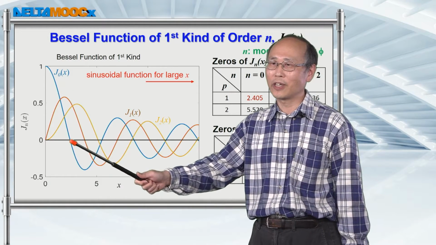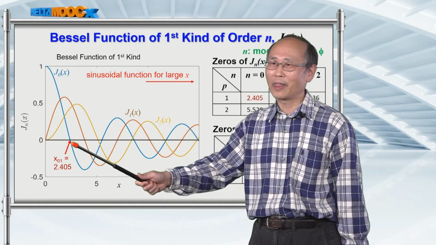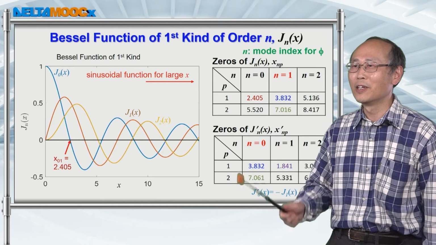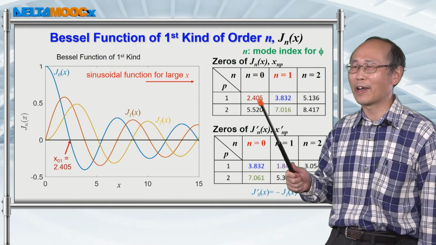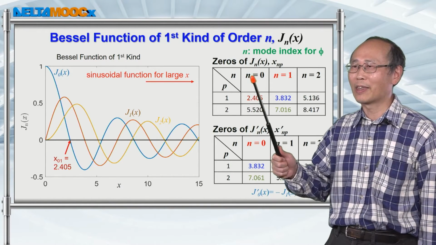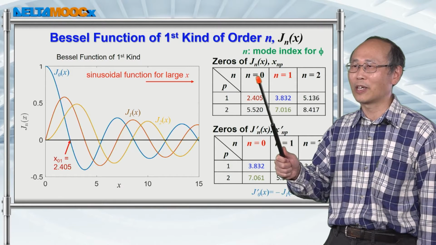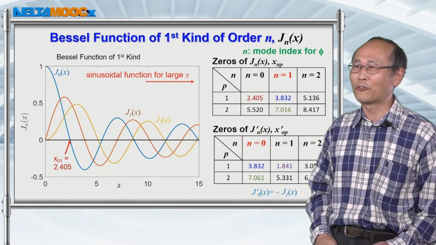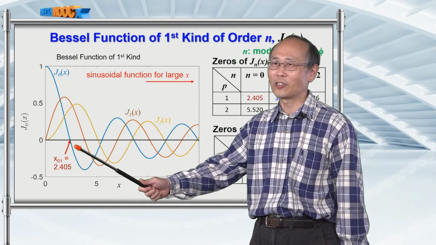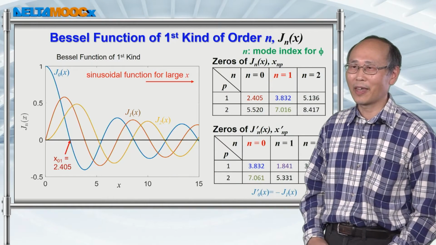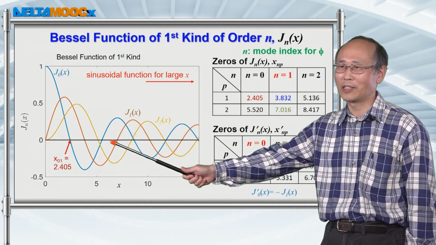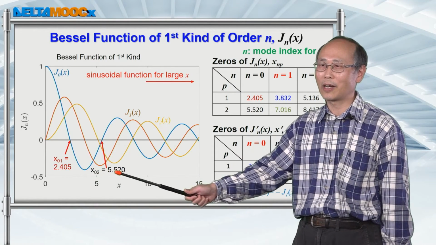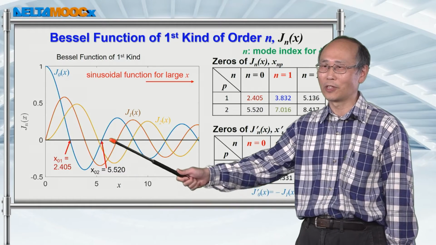The first zero crossing is right at this point, and this x value is equal to 2.405. So this 2.405 is labeled on this chart. The n equal to 0 means we are looking at the J0 Bessel function, and the 1 tells you the first zero crossing for this J0 function. The second zero crossing happens at this point, so x02 is equal to 5.520.